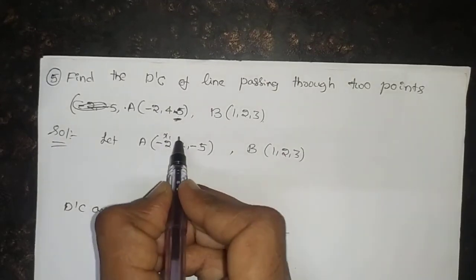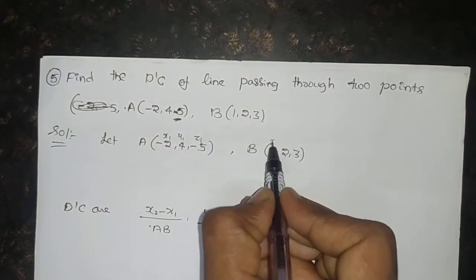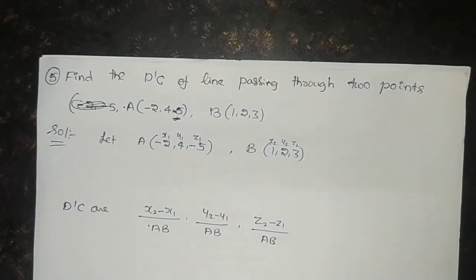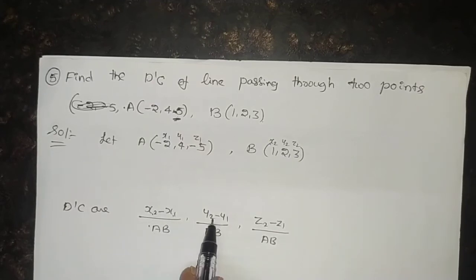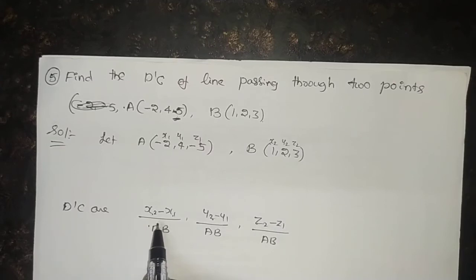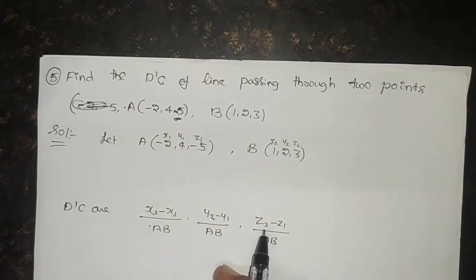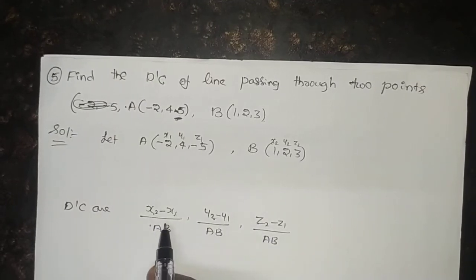It is x1, y1, z1, and x2, y2, z2, right? Next x2 minus x1, y2 minus y1, z2 minus z1. We need not worry about this simplification.